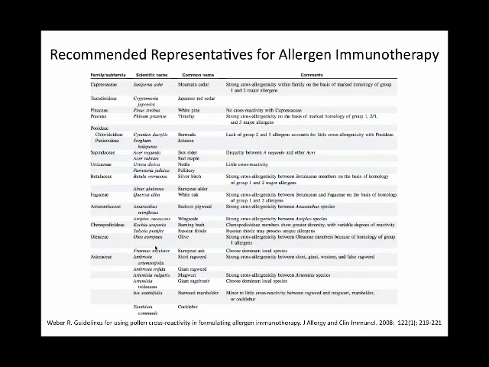The way that is done mostly now for looking at recommended representational sources follows Dr. Weber's guidelines, and this is from 2008. And you might know if this has been updated, but it shows the different groups, and I think there's going to be a transition from looking at sources to more looking at proteins.